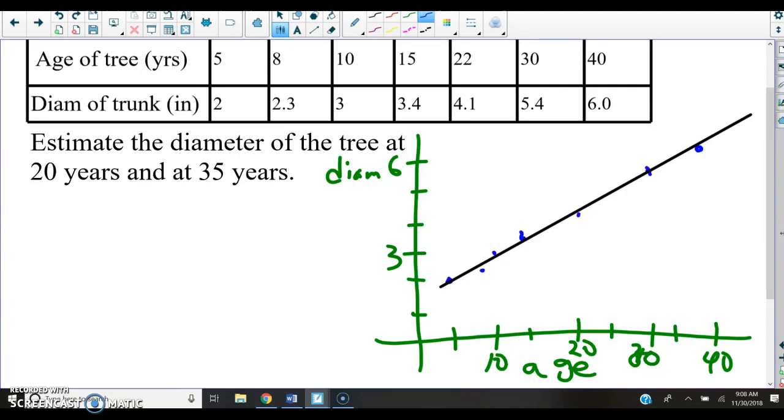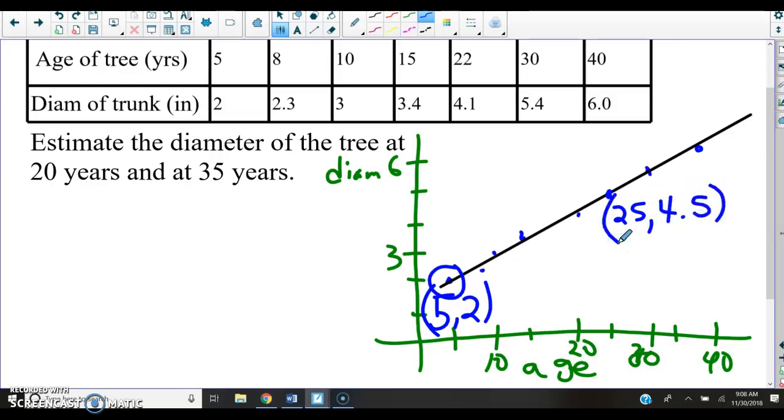Okay, let's write an equation of the line. This is something that you should be able to do. Now that you have the line, don't worry about where your data points are. This is about 5 years, 2 inches. Over here, 25 years looks about like 4.5 inches, maybe a little bit more.